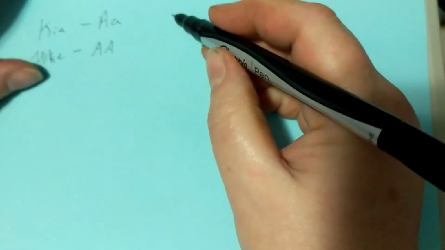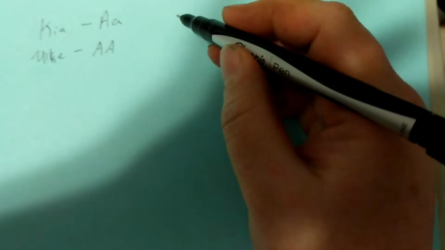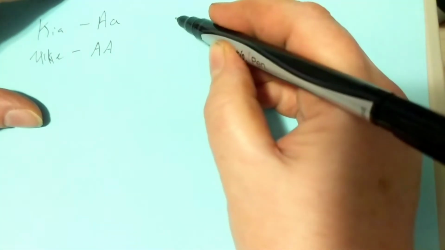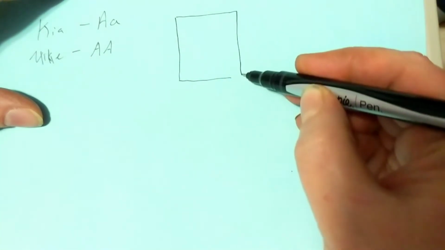Now, we want to know the probability of their first child having sickle cell anemia. Basically, these guys want to know what's the risk we'll have a child who has sickle cell anemia, which basically means will be homozygous recessive for the trait.